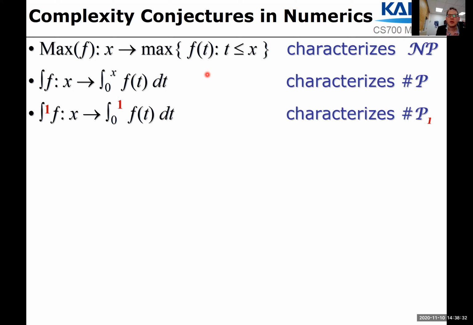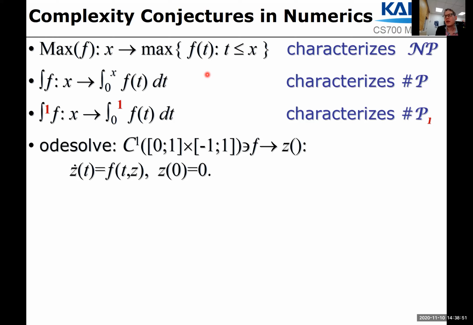Whereas if we restrict to definite Riemann integration with fixed upper bound, then this functional, not operator, but functional, characterizes the unary complexity class #P1.